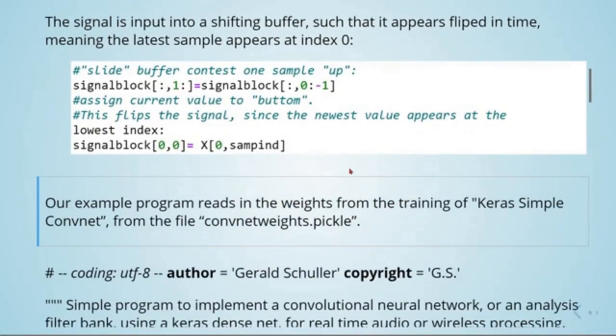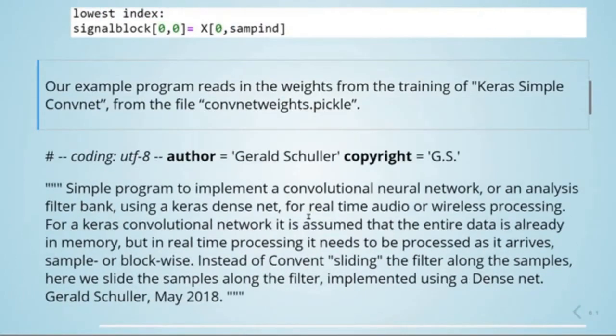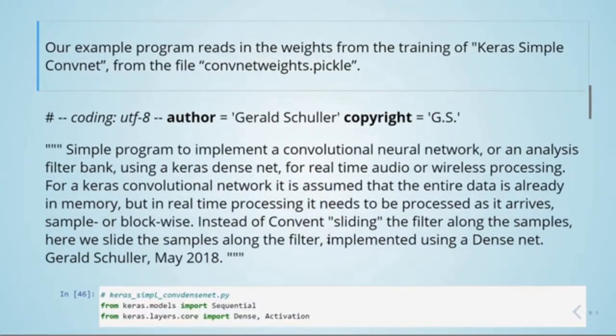So let's take a look at our example that reads the weights from a previously trained network, and this program will implement a convolutional neural network for an analysis filter bank using a Keras dense net for real-time audio or wireless processing.